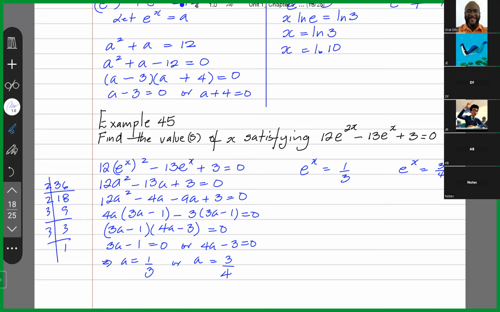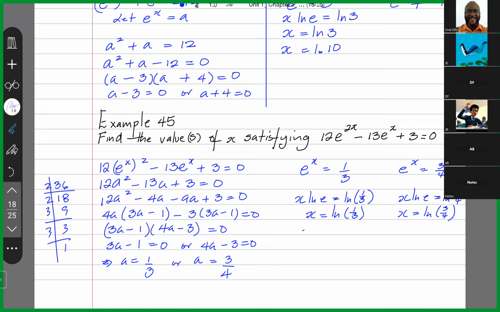If I take log to the base e of both sides, I'm going to get x ln e is equal to ln 1/3, and x ln e is equal to ln 3/4. ln e is actually 1, so x is equal to ln 1/3, and x is equal to ln 3/4.